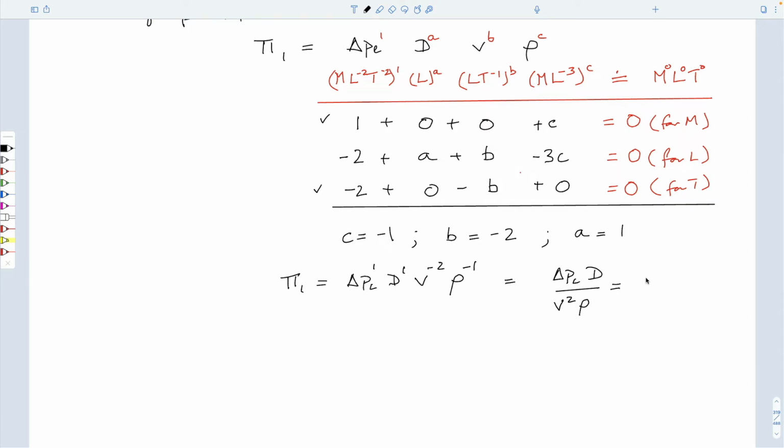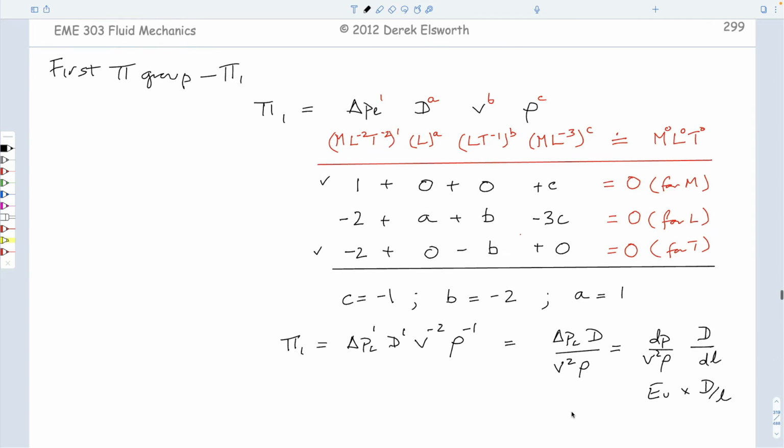Remember that this is equal to dp over L. So this would be dp over dl, d over v squared rho. So like magic, we have an Euler number multiplied by a non-dimensional number, which is just d over L, which we'll use later. Okay? So that's the first pi group.